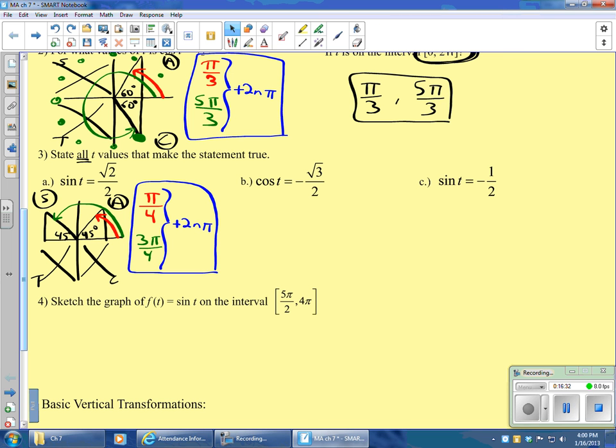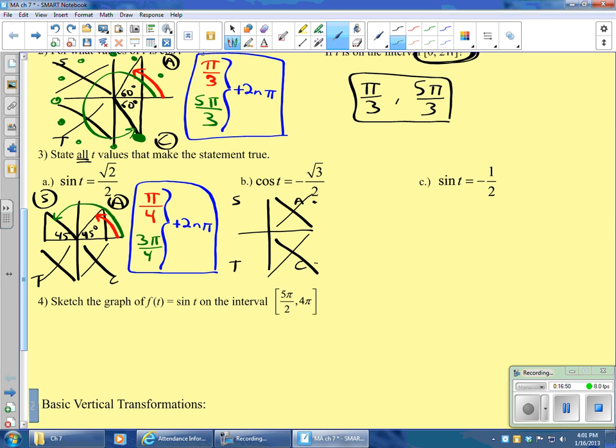On letter B, again, same procedure. First, figure out what quadrants you can get rid of. Okay, this time it wants cosine to be negative. Well, cosine's positive in 1 and 4. So I don't want those quadrants because it wants cosine to be negative. Now I've got to think what triangle has an adjacent, because again I'm doing a cosine problem.